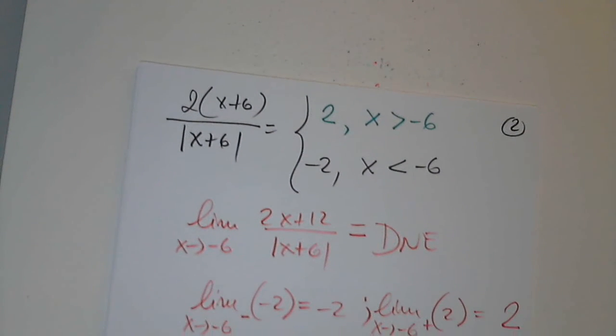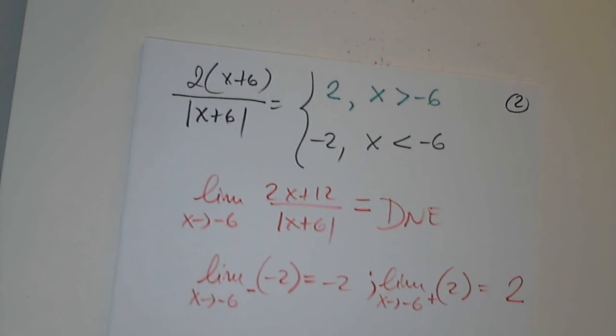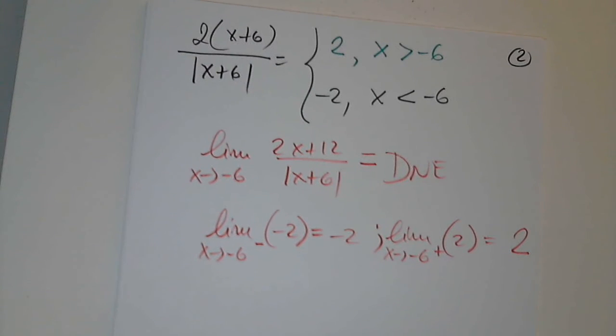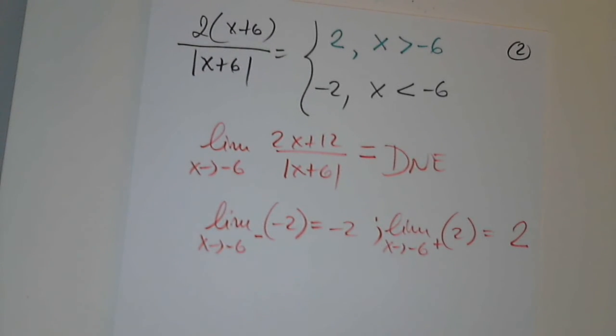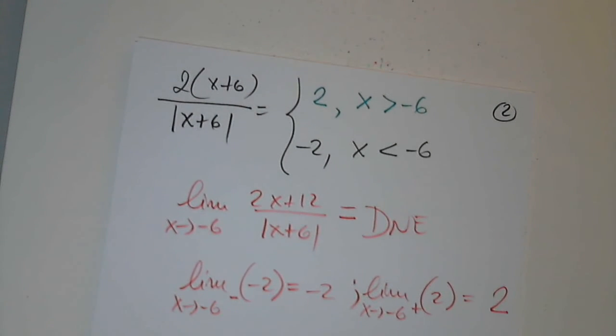Other questions? Anyone? Don't be shy. Do you think we need other examples of any kind before we move on to 2.4? Yes, please, Sabrina. I don't understand how you got the -2 and the 2. Was that from solving it?